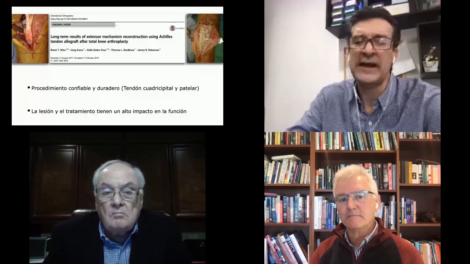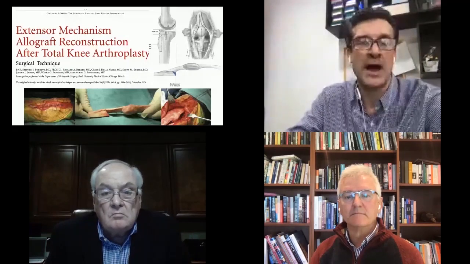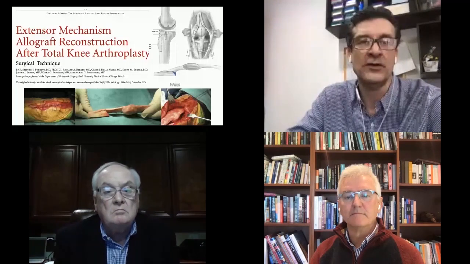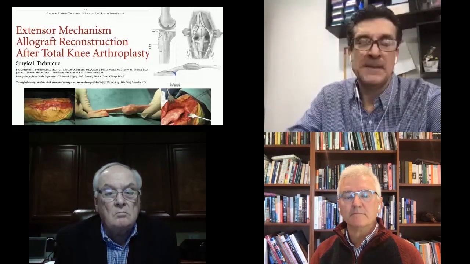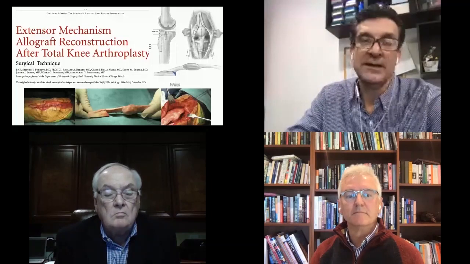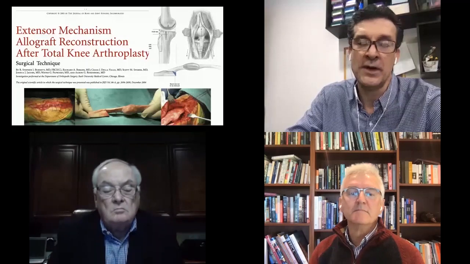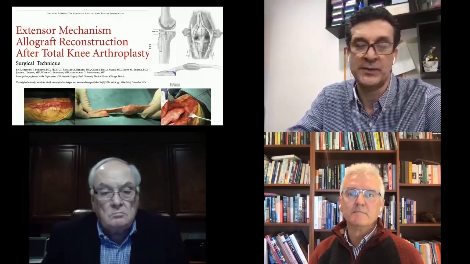Esta es una nota técnica bastante interesante de la reconstrucción con un aloinjerto completo del mecanismo extensor del Journal of Bone and Joint Surgery del 2004, en donde básicamente están reproduciendo la técnica diseñada por Nazarian y Booth, y se lo recomiendo para que revisen porque es muy didáctico en su presentación.